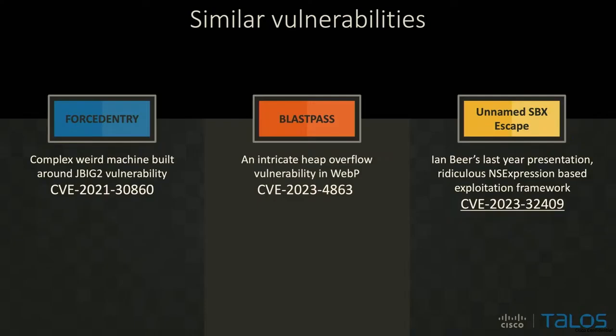In the case of BLASTPASS, we saw a very intricate manipulation of the WebP file format to be able to exploit it. And if you remember last year's Ian Beer presentation dissecting some of the sandbox escapes they uncovered, that ridiculous-looking NSExpression exploitation framework, he had an image that looked like the Eye of Sauron or something. We don't have the sample for the particular vulnerability I'm talking about today, but I would expect something of similar complexity to be packaged inside it.